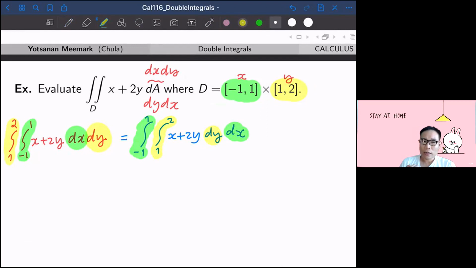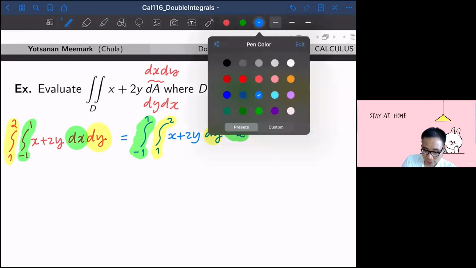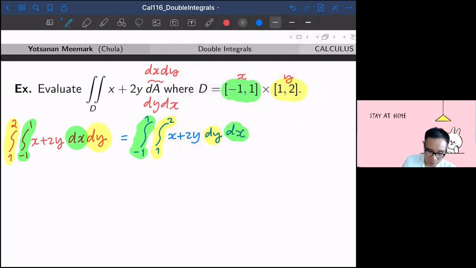And how could we compute the value? The way to compute the value is like what we usually do for parentheses. We're going to compute the inside first. It looks like putting parentheses like this, and you compute or evaluate the inside.